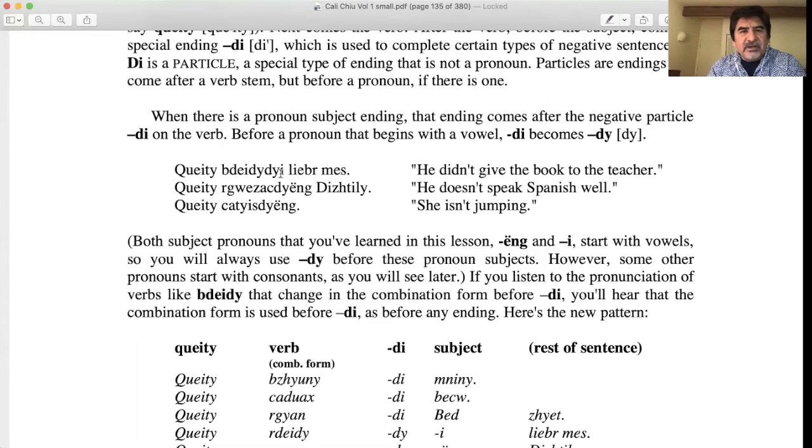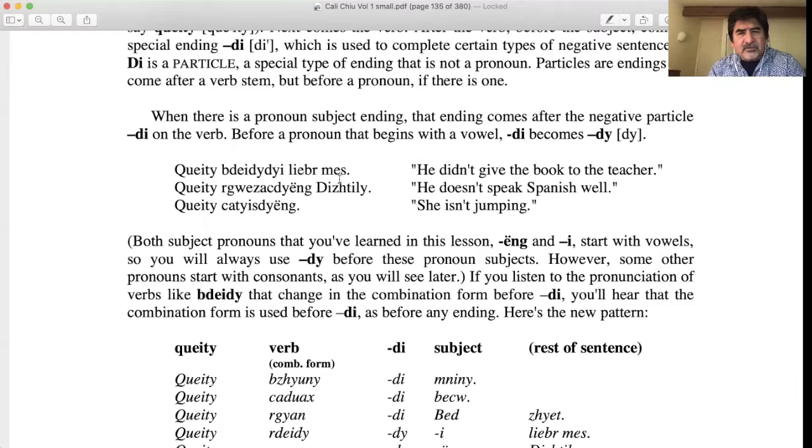So we have a dy. This is the Kate, the negative, and this is the verb. This is the particle dy, and then there is a verb that begins with a vowel. That's why we have a dy, and then we will explain the di in a second.